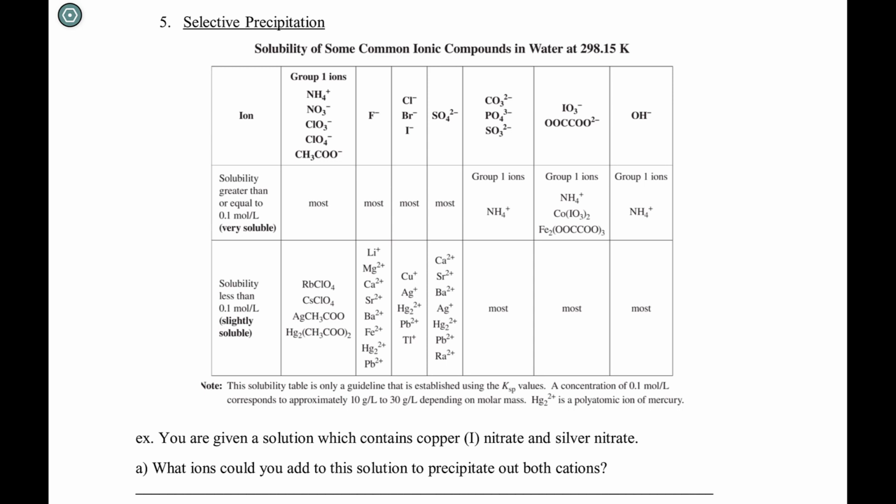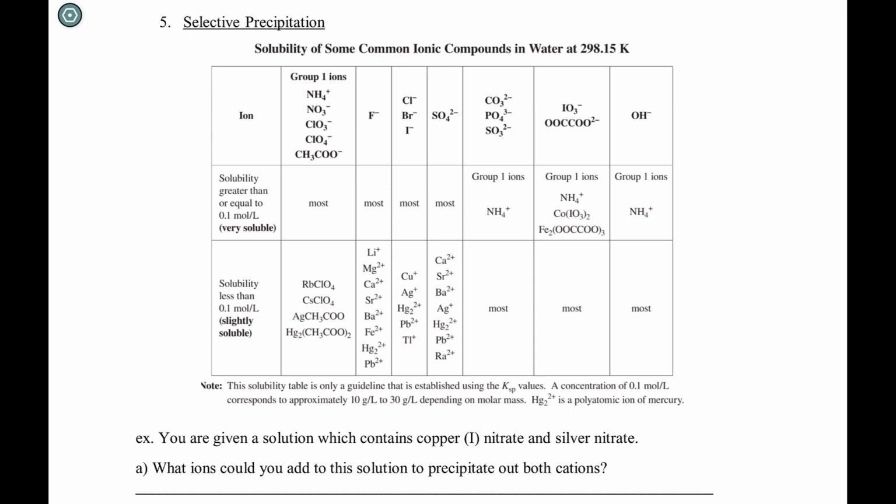Let's look at what ions you could add to this solution that would precipitate out both copper 1 and silver ions. Now, this wouldn't be classified as selective precipitation because I'm not removing just one of the ions. I'm removing both. So we're just trying to find different ions that would remove both copper 1 and silver.